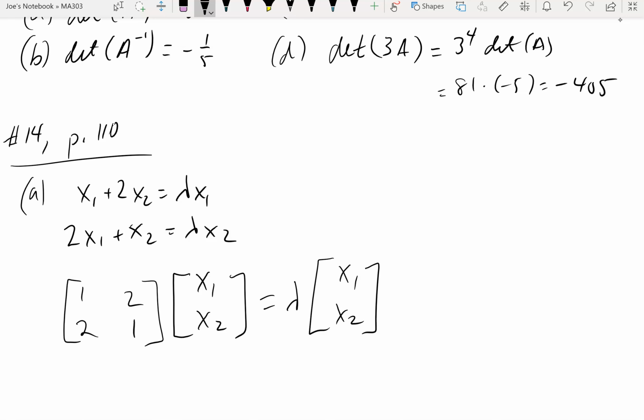However, if I can find non-trivial solutions, if I can find x1 and x2 that aren't both 0, look at what this equation implies. Notice on the left-hand side, we have matrix multiplication, right? But on the right-hand side, I have scalar multiplication.